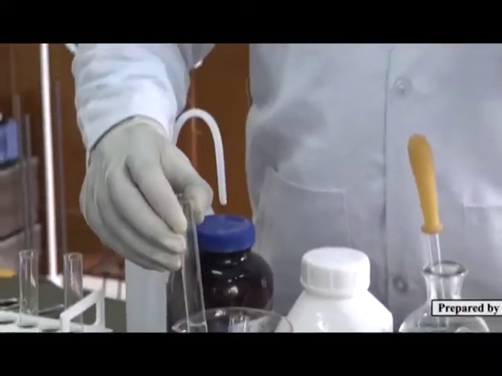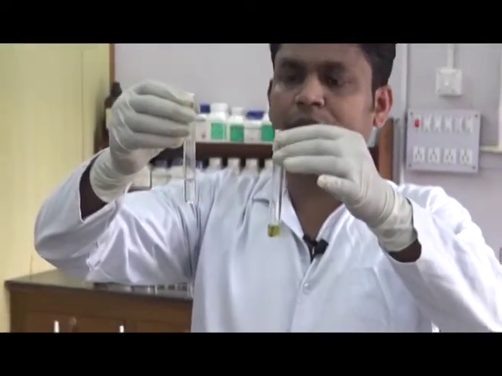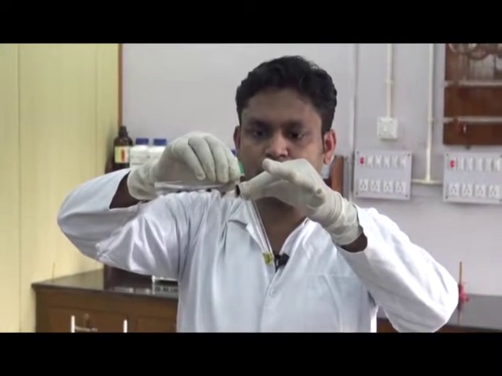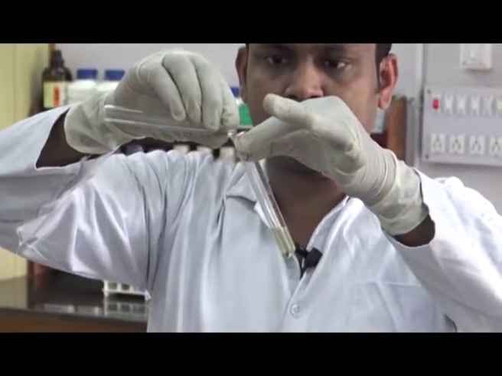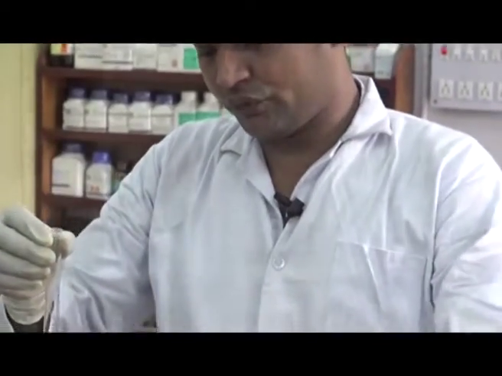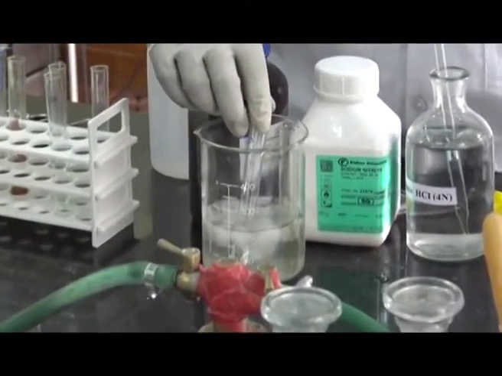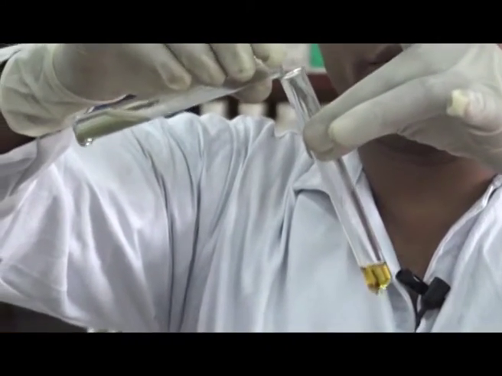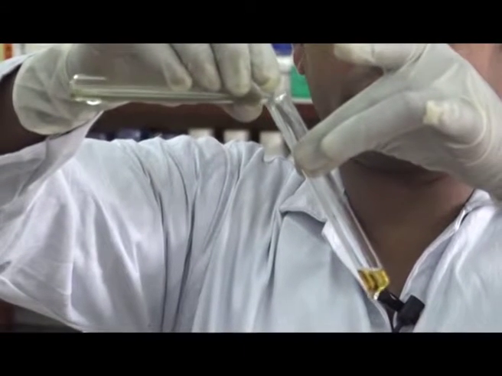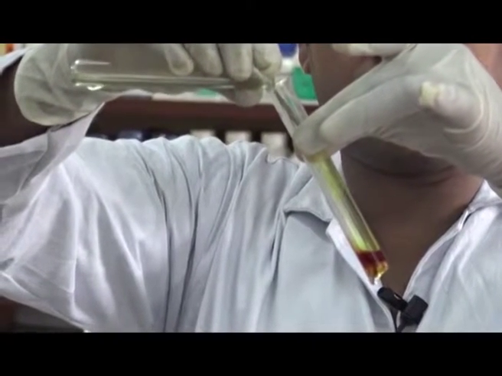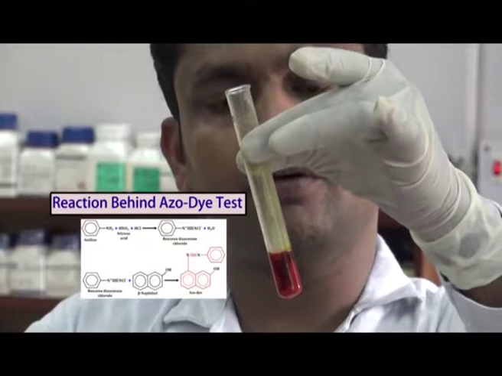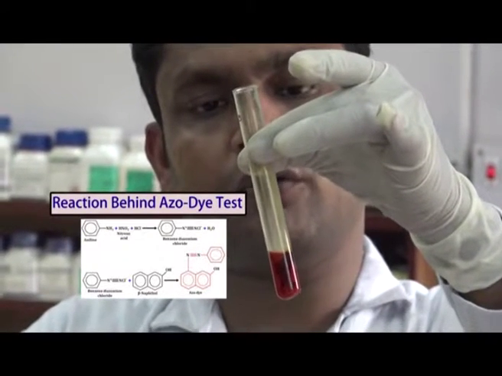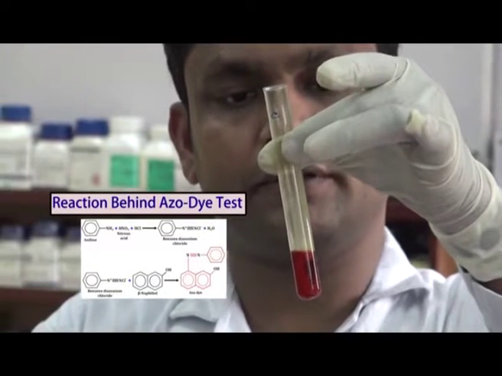After cooling, solution B that contains NaNO2 is poured into the acidic solution of the sample. The solution is again cooled. Then pour the mixture into the alkaline beta-naphthol solution in test tube C. Formation of brilliant red coloration confirms the presence of aromatic amine in the given organic sample.